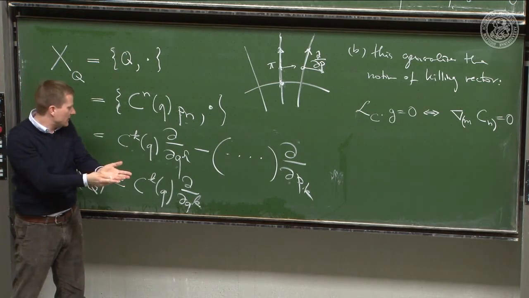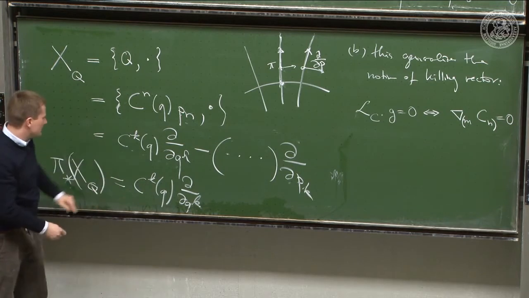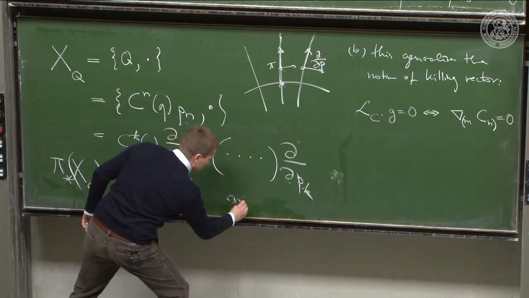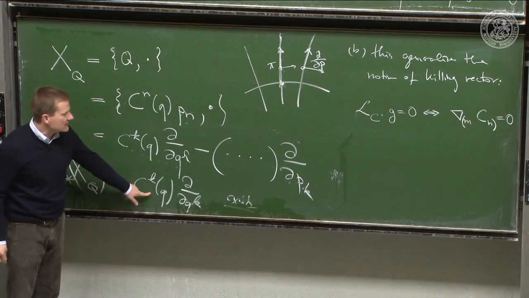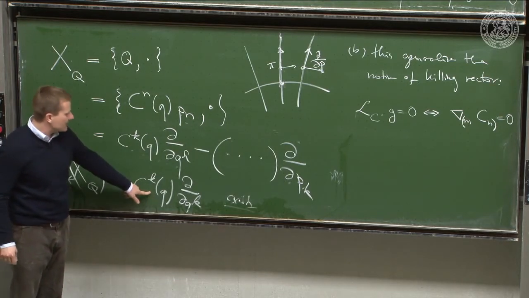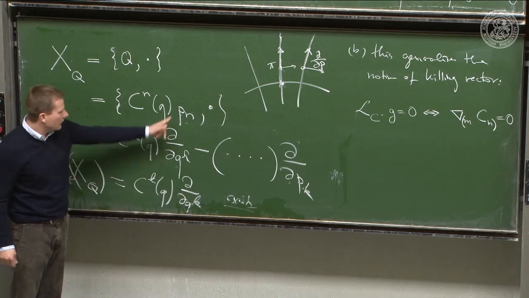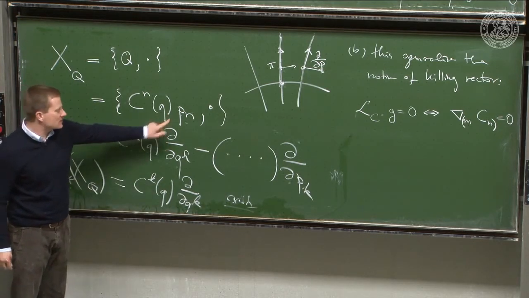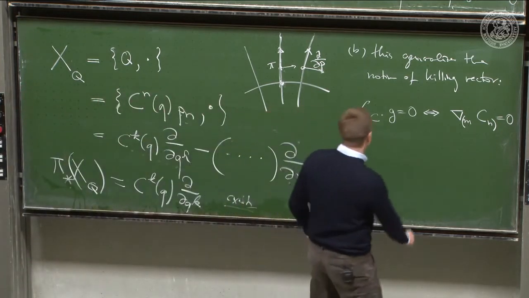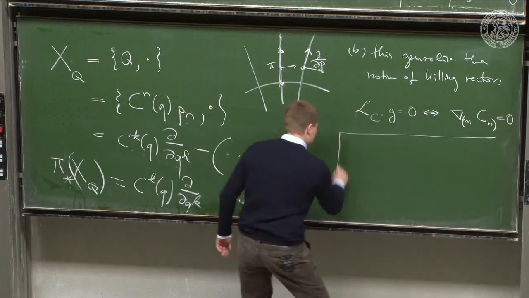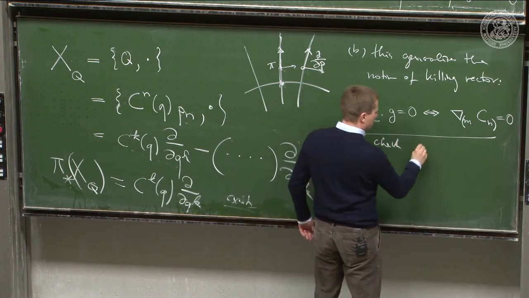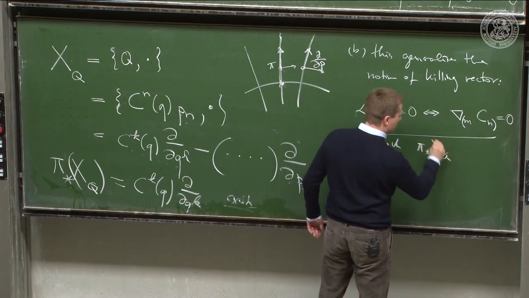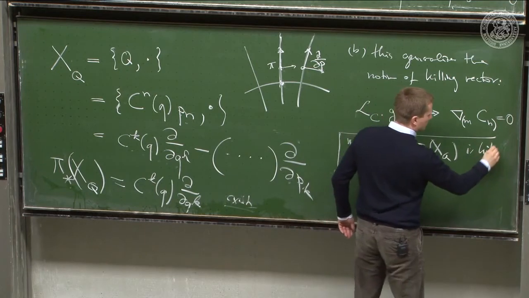It would be multi-valued. So because this exists, that's the first thing, and then we need to check whether this guy actually is a Killing vector field of the metric. But that's also obvious. So now check that this push forward of the X_Q is Killing.